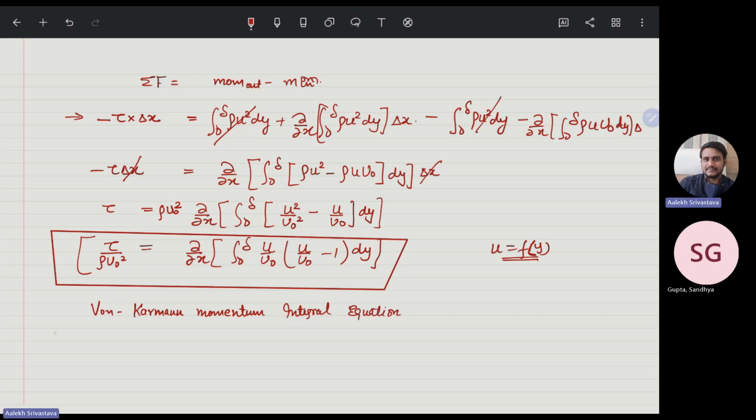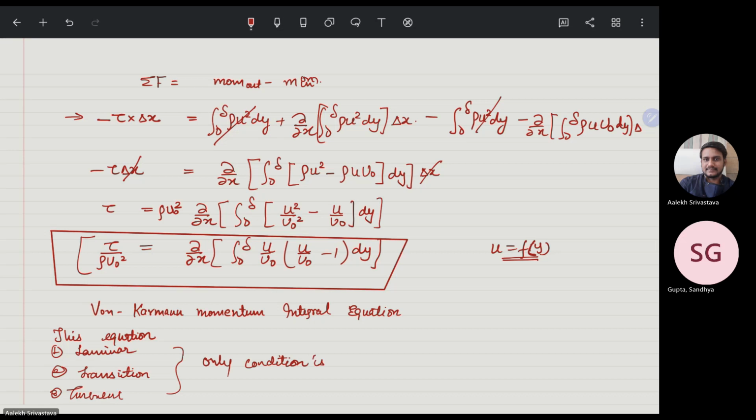Now this equation can be applicable to laminar, then transition regions, and then turbulent. The only condition is you need to know the velocity profile. What is the velocity profile for a particular region?